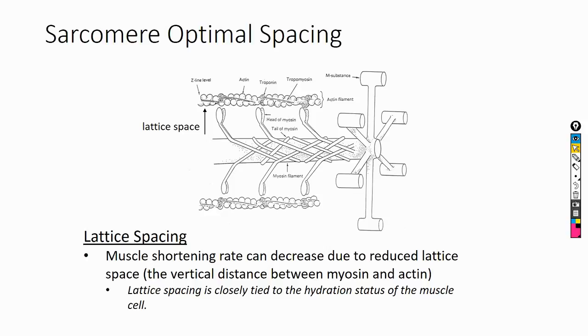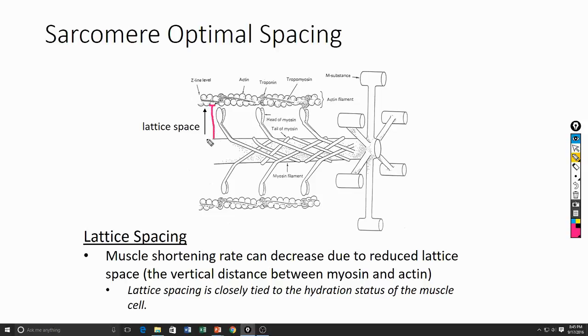Now let's talk about the vertical. Okay, so this is a 3D structure. It's got dimension to it. So lattice spacing. Lattice spacing is this space between the actin and the myosin, this space right here. Typically this lattice spacing isn't perturbed too much, but there are instances such as dehydration to a great extent.